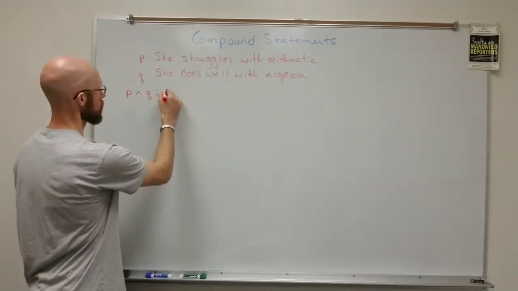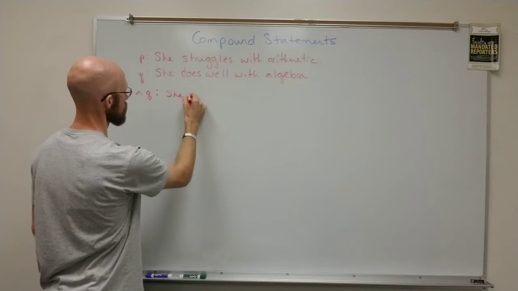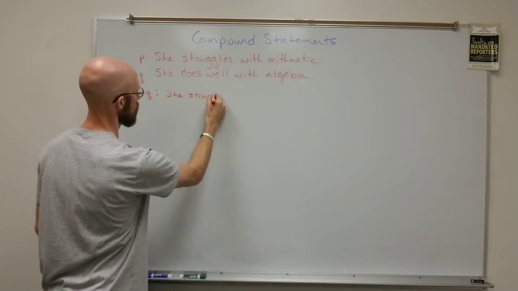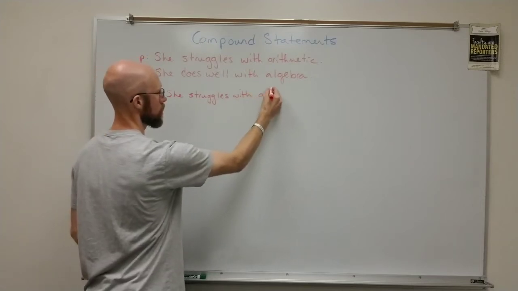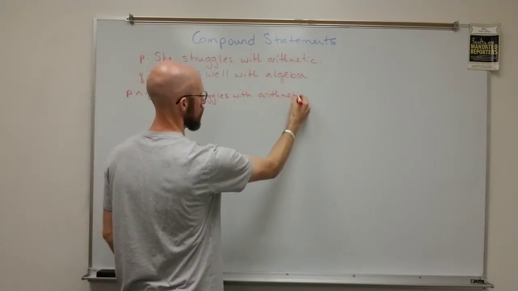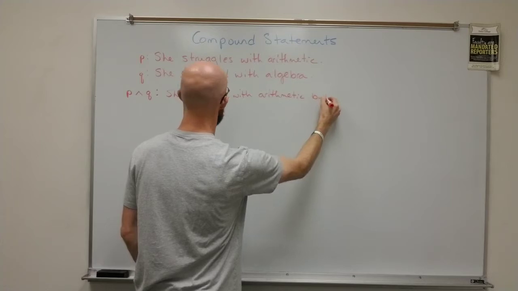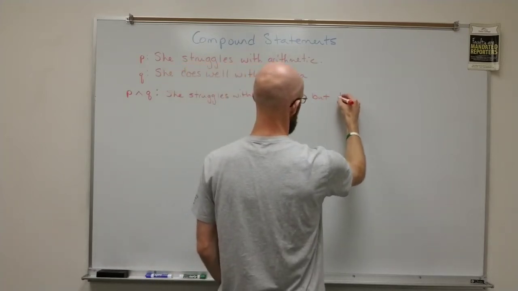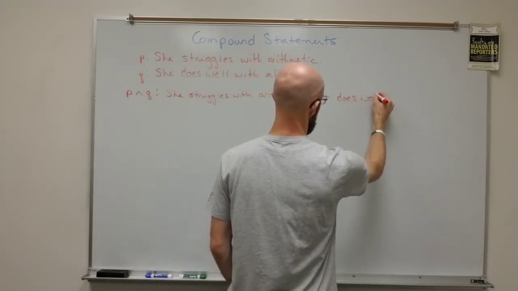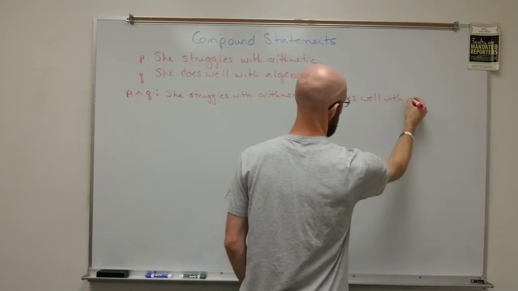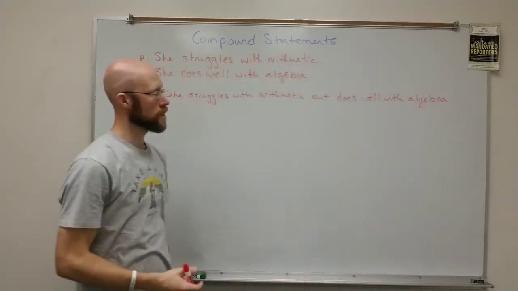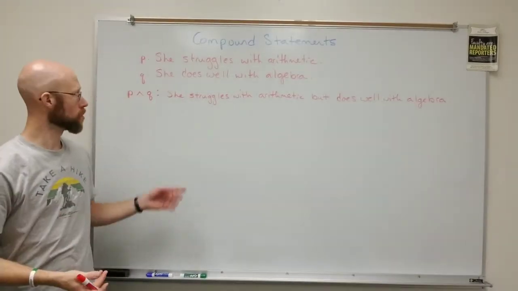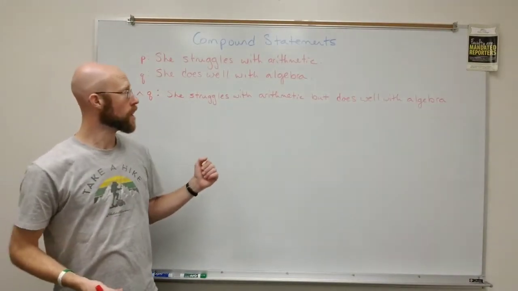So I might say something like, she struggles with arithmetic, but does well with algebra. Okay, notice I did not use the word and here, even though this is a conjunction.